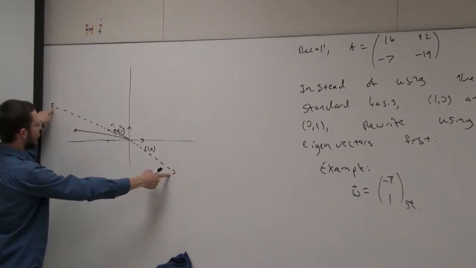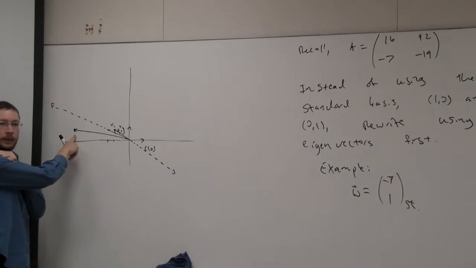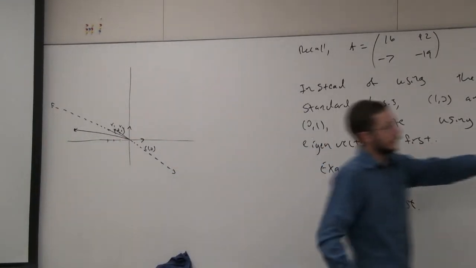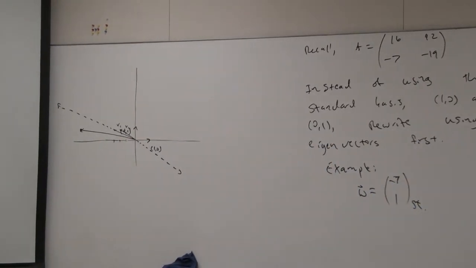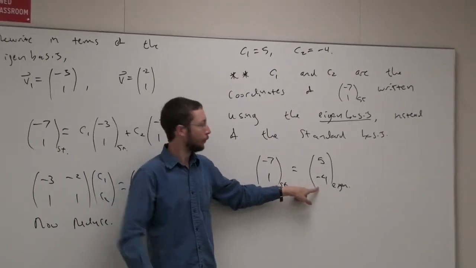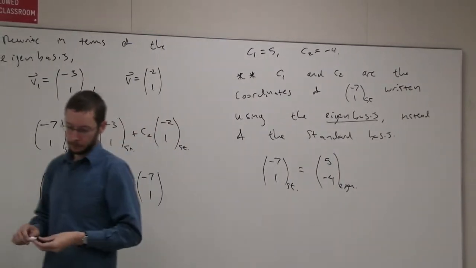And adding these two things together using the parallelogram law, we'd end up getting this vector here. And so these are the eigenbasis coordinates, the scalars that we need for the eigenbasis to represent that vector w in terms of that eigenbasis. Okay.